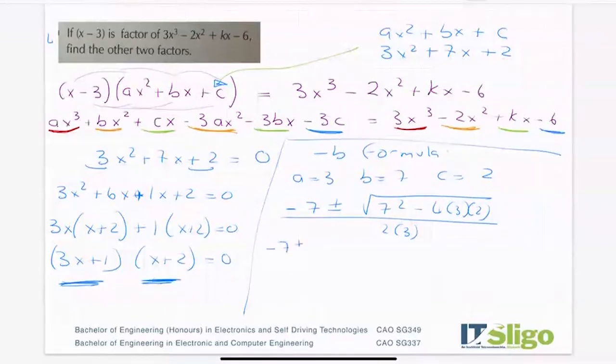So minus 7 plus or minus, so into my calculator, I'm doing 49 minus 3s are 12, 2s are 24, 5 over 6. So split that, and you would have minus 7 plus 5 over 6, and you'd have minus 5.